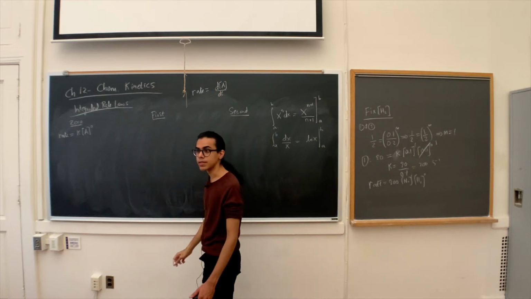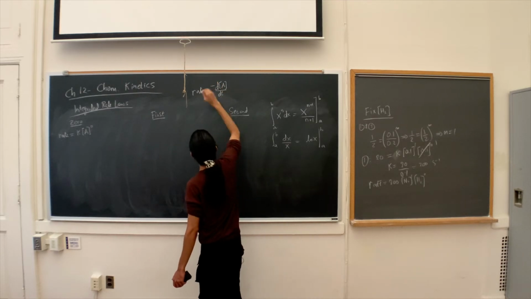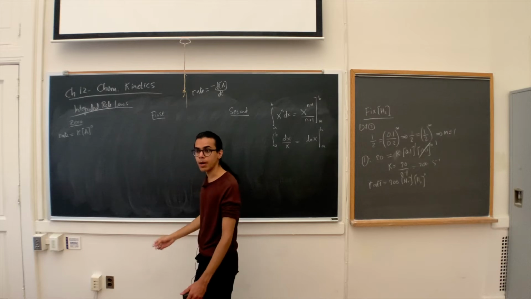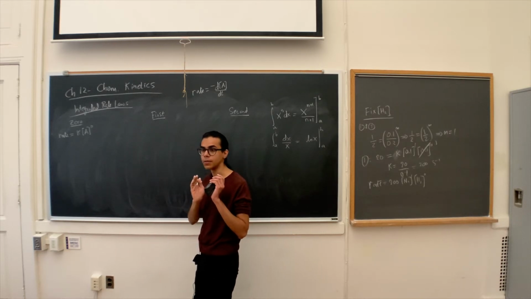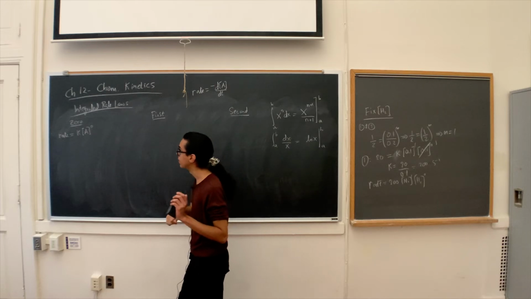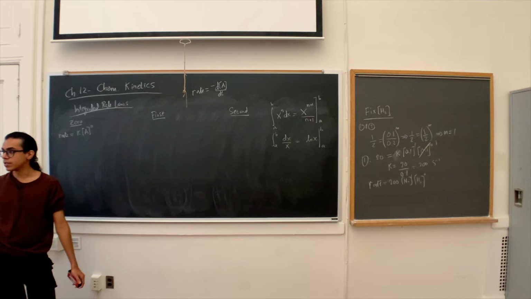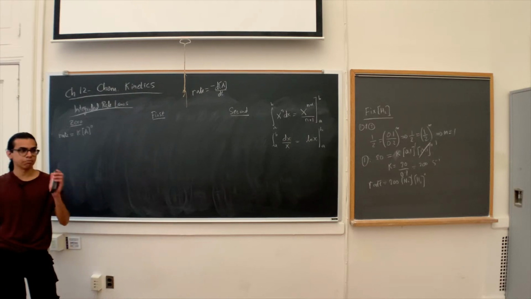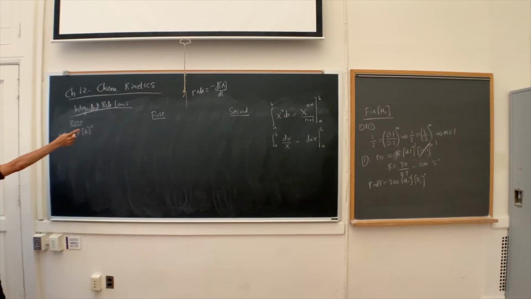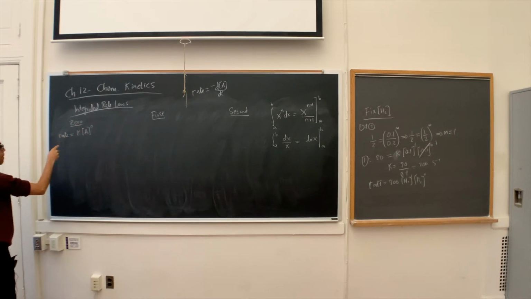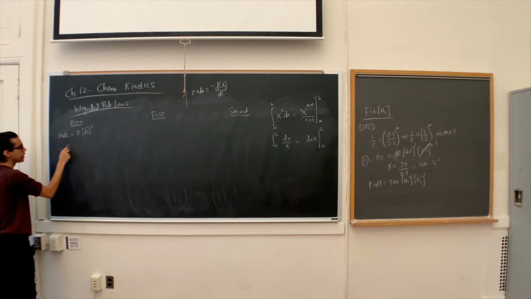This is what rate is, dA dt. And if it's a reactant, we write negative, and if it's a product, we write positive. Here we'll always use negative because we're dealing with the consumption of reactant. And there's also dividing by the overall coefficient for that particular thing. Let's just pretend that it's 1 here. So this is the rate of consumption of A. So I'm just going to replace rate with negative dA dt.